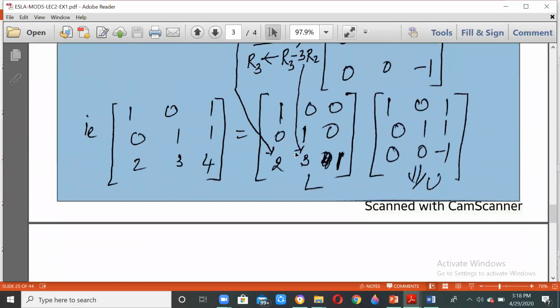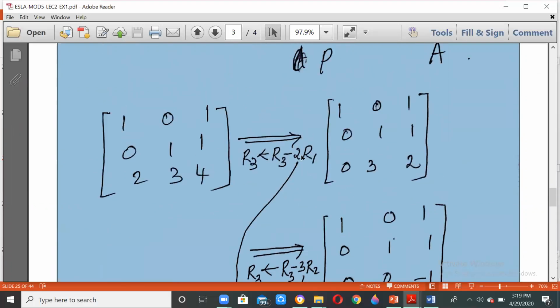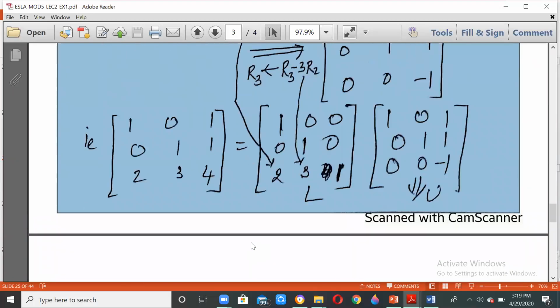And that turns out to be the matrix which is something like this: 1, 0, 0, 0, 1, 0, 2, 3, 1. Now this 2 is coming directly from here. Minus should not be considered; 2 is to be considered. In place of minus 3, we'll get that 3 over here. Diagonal elements remain 1, 1, 1.